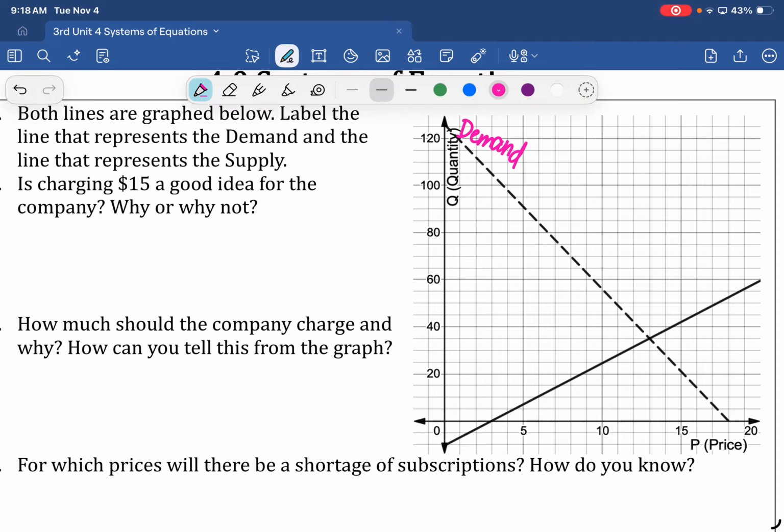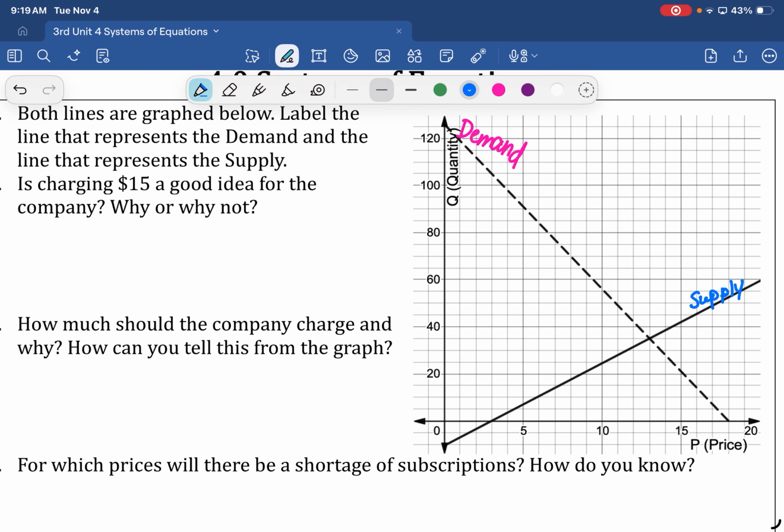Okay, and the solid line represents our supply. Because we knew the demand had a negative slope. And so that's how we made that decision. A lot of times graphs are labeled for us, but the easiest way to tell is slopes.